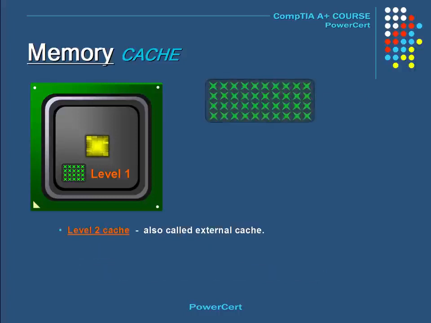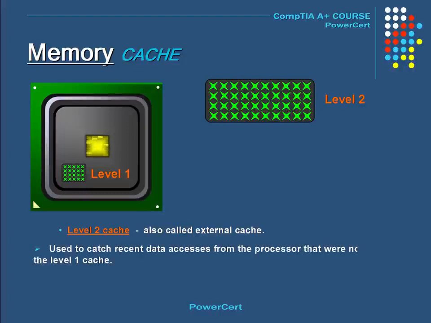And there is also level 2 cache, which is also called external cache. Level 2 cache is used to catch recent data accesses from the processor that were not caught by the level 1 cache. So in a nutshell, if the CPU can't find the data it needs on the level 1 cache, it then searches the level 2 cache for the data.